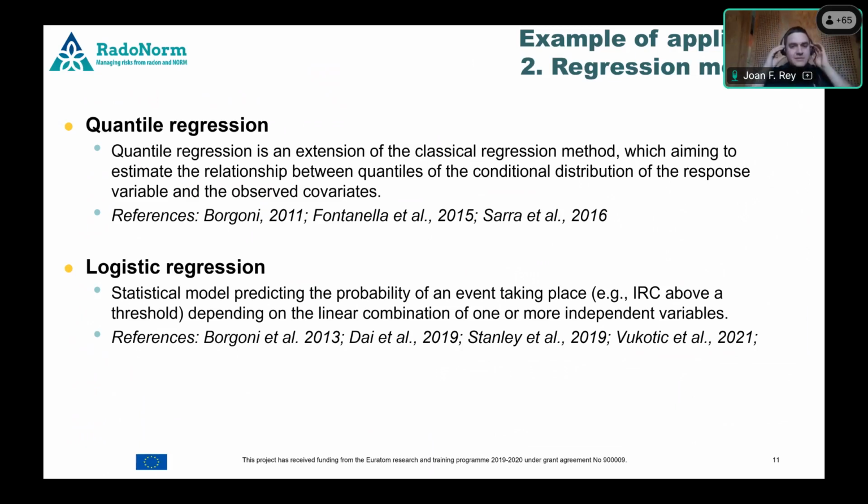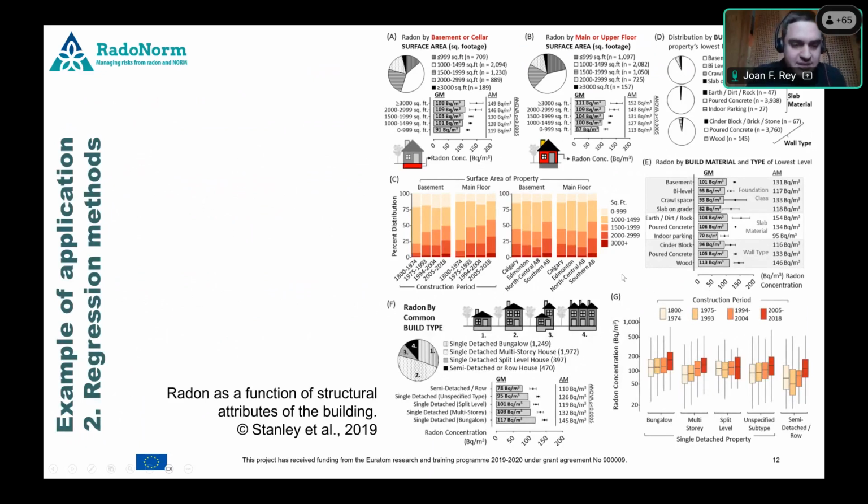Here I'm just giving you this paper, Stanley et al., which used the logistic regression to look at the influence of some structural attributes of the buildings on the radon level. Not all the plots here were produced by this method, but in fact, they used the logistic regression with a defined threshold: are we above, or are we below?